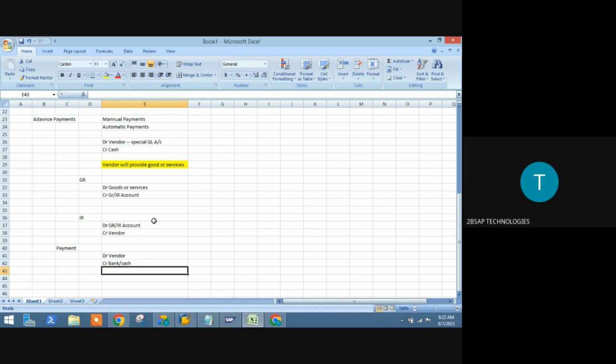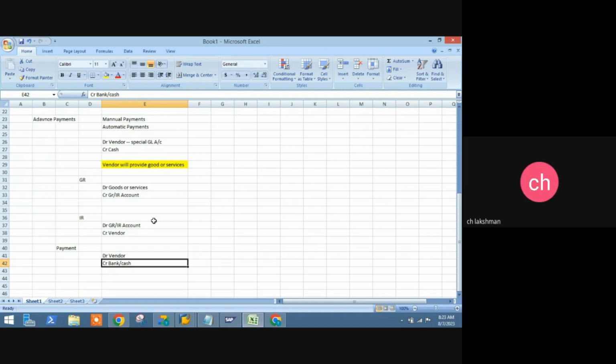Clear, sir? I have no doubt in that. Now, here, again, if you are giving direct cash, then what is going to happen, sir? If you are saying bank or cash, where are you going to do your transactions? Your finance related, cash related transactions, where are you going to update?